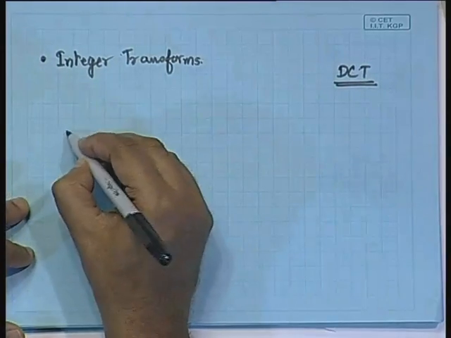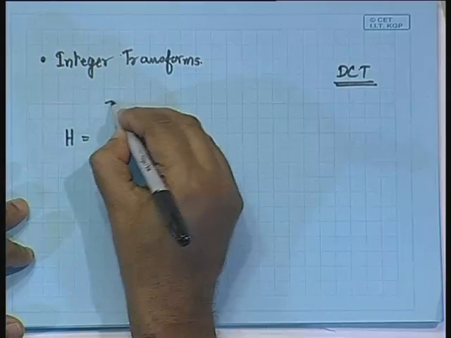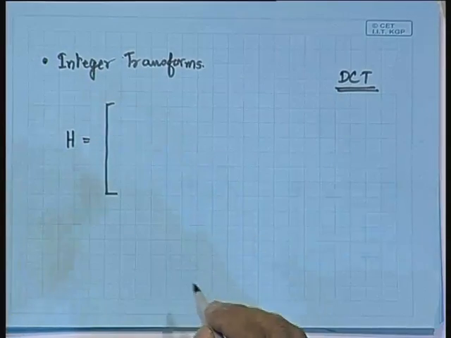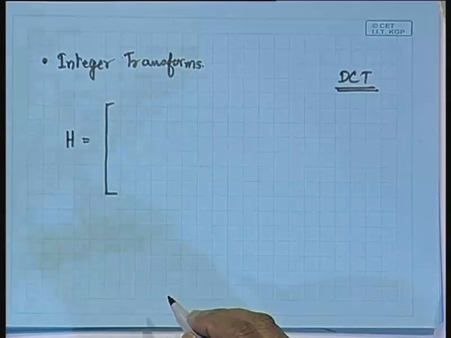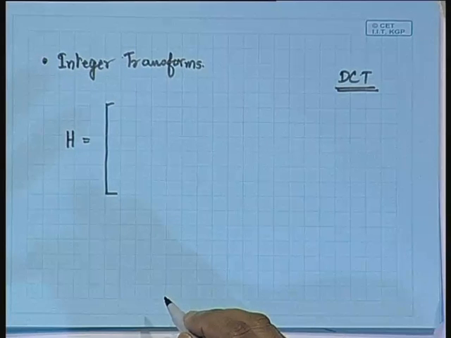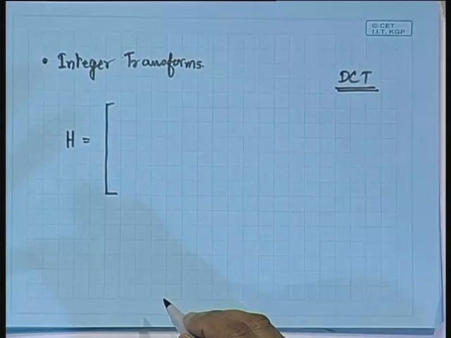The integer transform kernel is like this. The integer transform is applied on 4 by 4 blocks, not on 8 by 8. In the earlier standards, 8 by 8 was followed, as I mentioned in JPEG also, and even in standards like MPEG 1 and MPEG 2, everywhere the block size is treated as 8 by 8.